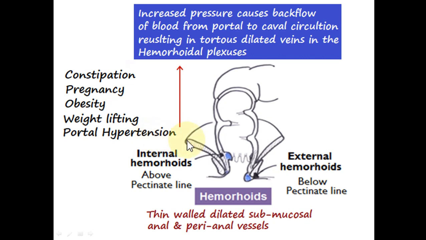And in addition to the hemorrhoidal plexus, the two other important points are the esophageal varices and the anastomosis that occur at the umbilical region. So the esophageal region or esophageal varices, the umbilical region where there is anastomosis between the caval and portal circulation, and the hemorrhoidal plexuses.